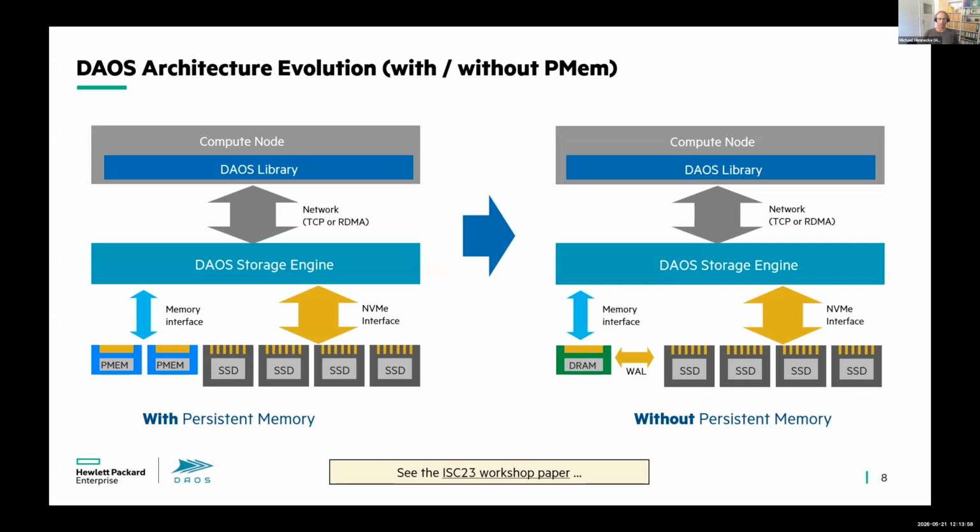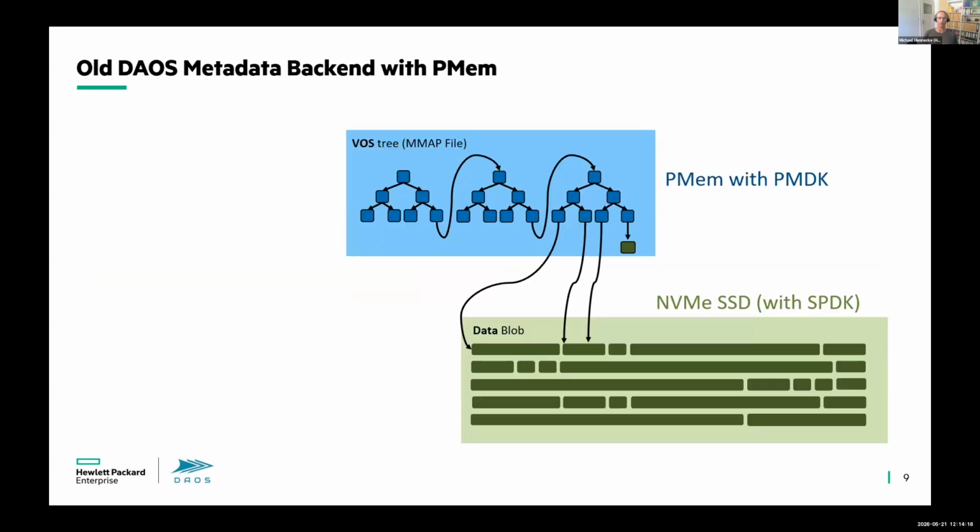When the Optane roadmap was discontinued, we moved to a model where we're doing load stores into files in tmpfs, and of course, that is not persistent. We have to do write-ahead logging, and also regular checkpointing of the versioned objects or tree structures that are now sitting in DRAM. So that change happened a while ago, and Johann already showed the pictures, so I can go quickly on them.